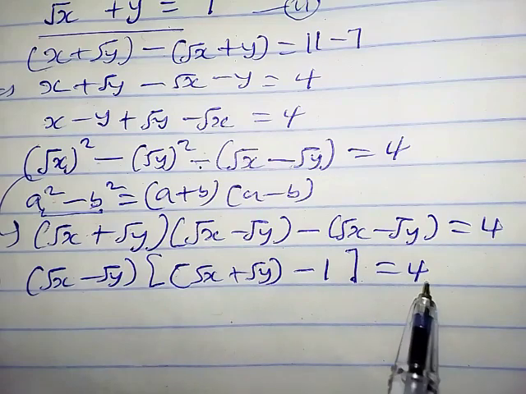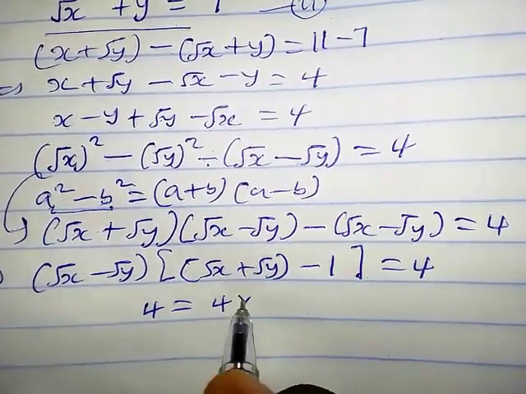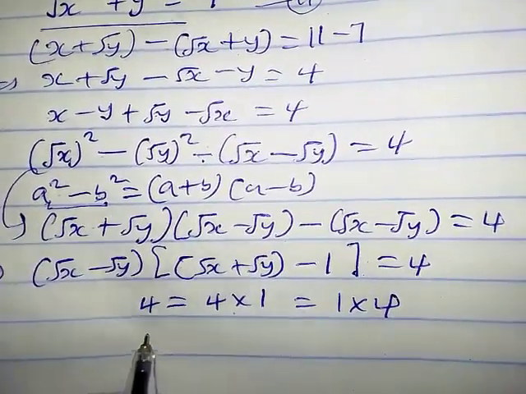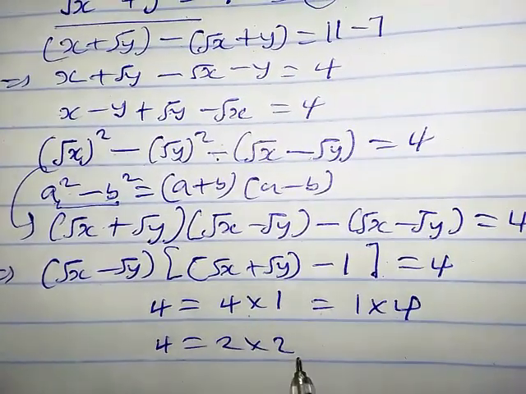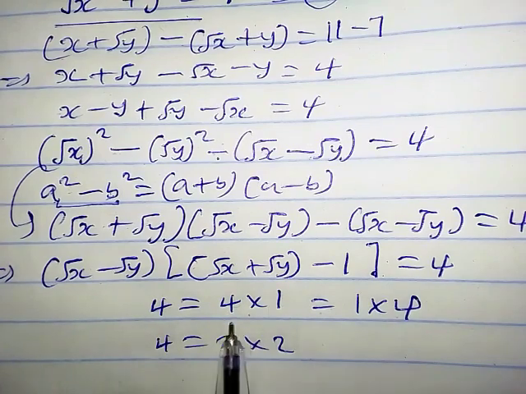We have to consider 4. 4 can be written as 4 times 1, or as 1 times 4. We can also write 4 as 2 times 2. So we are going to consider each case. Let's consider when 4 equals 4 times 1.